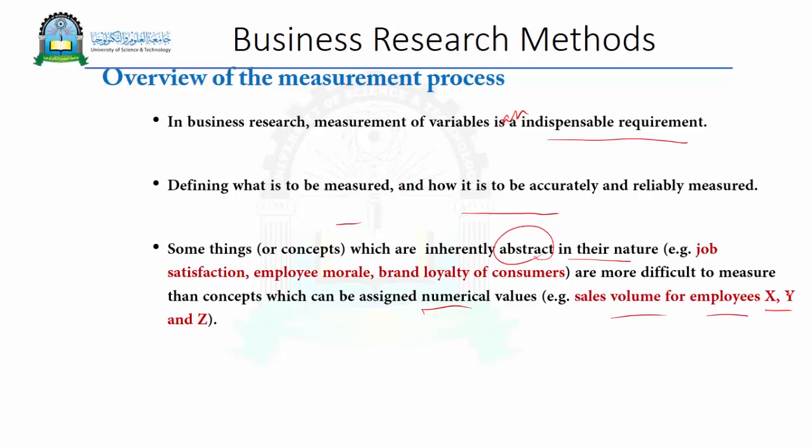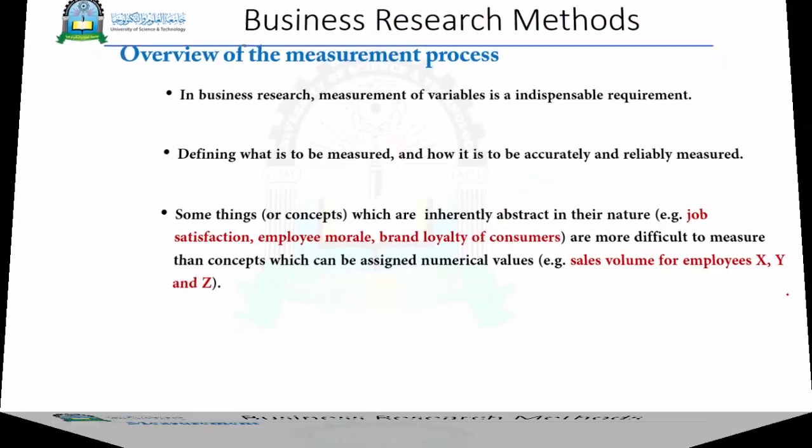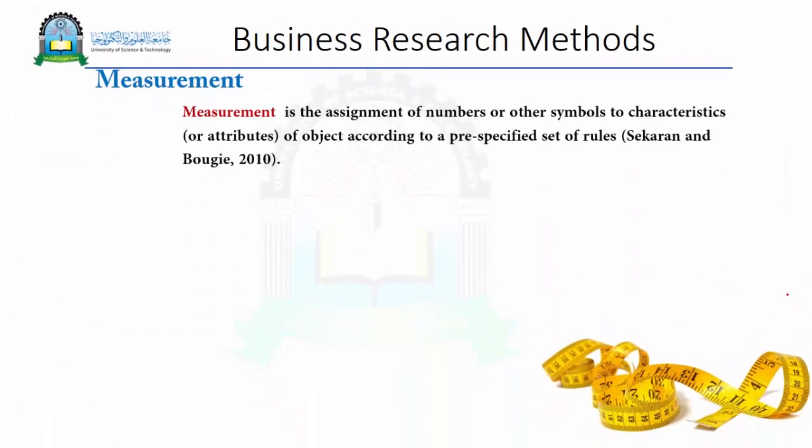So we can say that when we go for quantitative research, we need to measure the variables using some indicators. These indicators are very important to be accurate, and they are for measuring the phenomena or the variable quantitatively. So what is measurement?